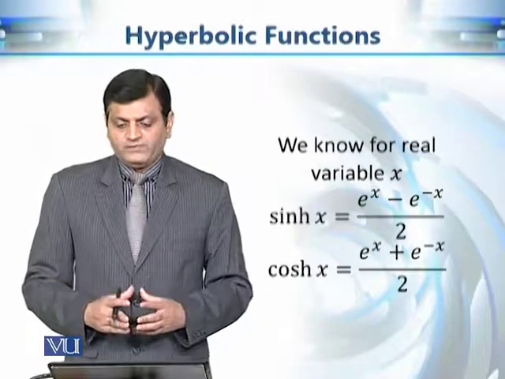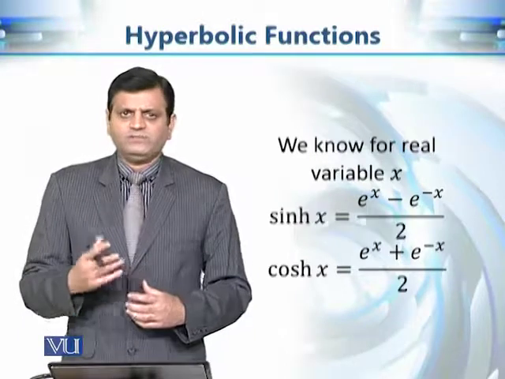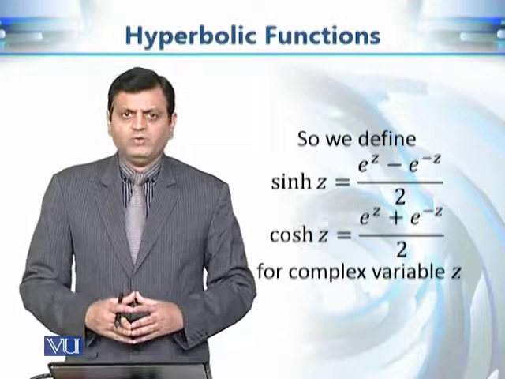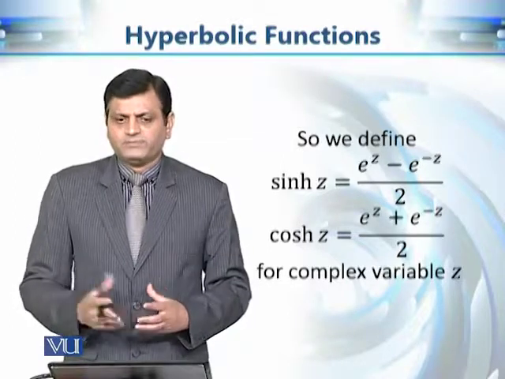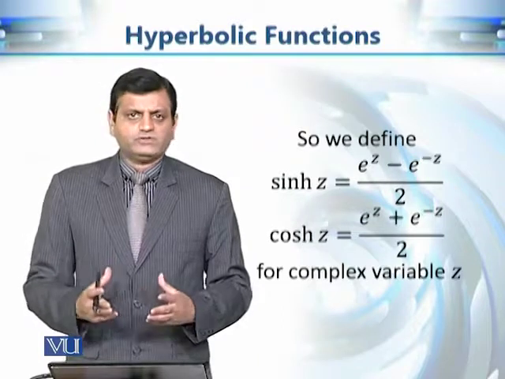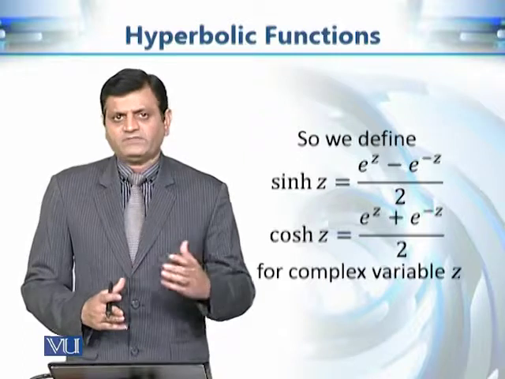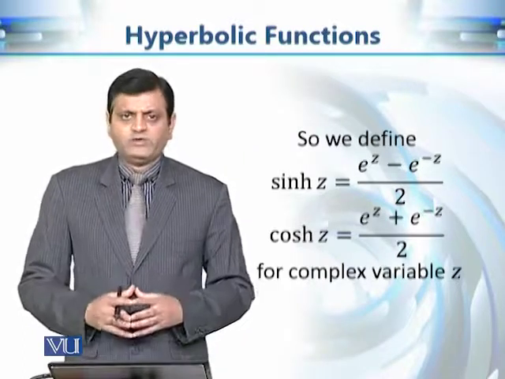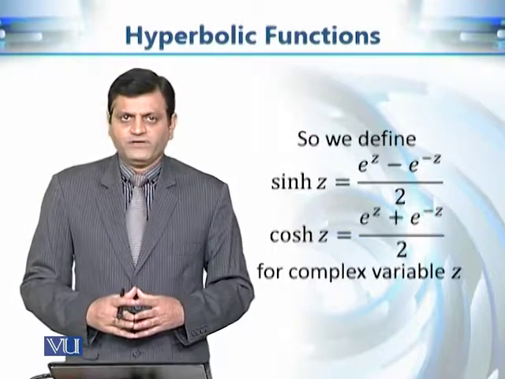And of course, if we want to generalize them to the complex variable case, then just replace x with z. That's how we define sinh z, where z is a complex number: sinh z is equal to e^z minus e^(-z) divided by 2. Similarly, cosh z is equal to e^z plus e^(-z) divided by 2.